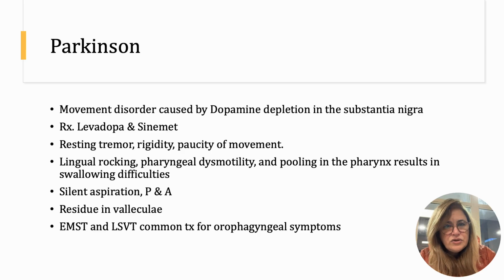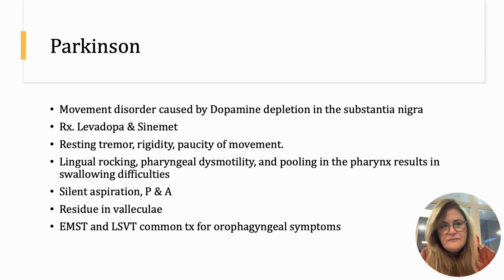These clients will, in most of the cases, deteriorate to the point that there's going to be penetration and aspiration, and even silent aspiration, because a lot of residue is in the hypopharynx in these clients at resting, in the vallecular area, in the piriform sinus, and it goes into the airway.